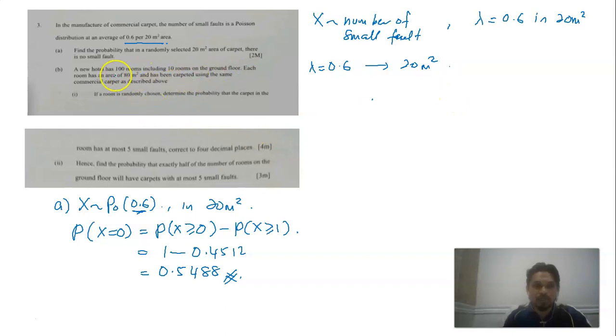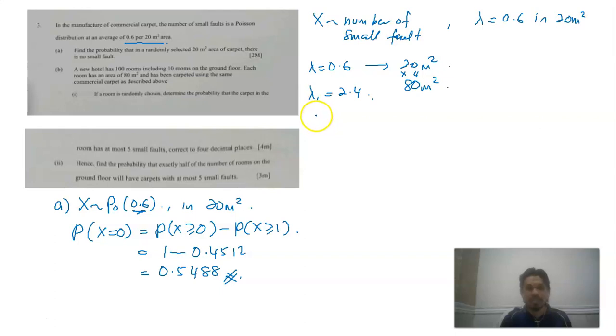Right now, each room has an area of 80 square meters, using the same commercial carpet, which means 80 is 20 times 4. So the new lambda is 0.6 times 4, equal to 2.4. Then, at most 5 small faults.